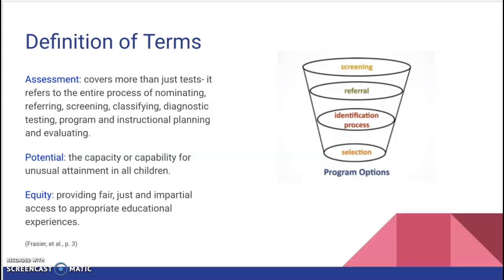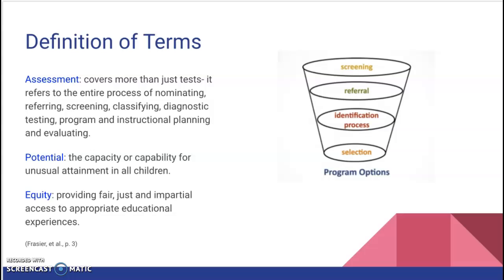The article had three terms that they wanted to make sure they defined to clarify their position. They say assessment isn't just tests; it covers more than tests. It refers to the entire process of nominating, referring, screening, classifying, diagnostic testing, and program and instructional planning and evaluation.